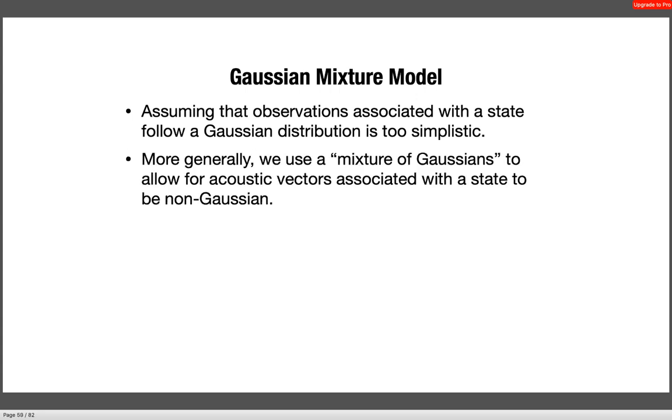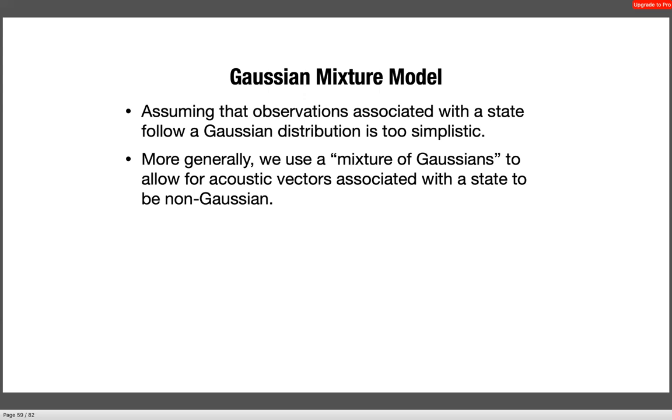So we use a more powerful parameterization for the emission probabilities, and we use what are called mixtures of Gaussians. These come from a larger set of models referred to as mixture models. Just think of mixture models as being a mixture of components where each component is parameterized in the same way. So here each component is a Gaussian, and then we have a mixture of Gaussians.